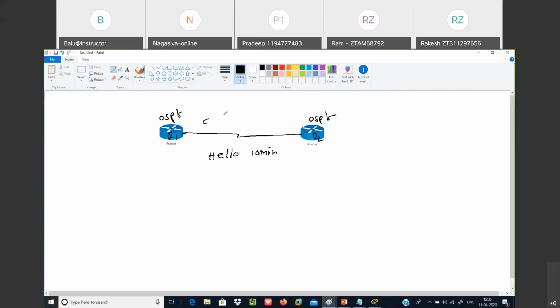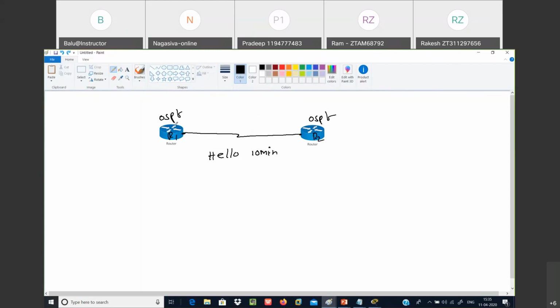Now R1, R2 hellos are exchanged. Now the hellos are matching. Now R1, R2 become what? Once the adjacency is formed, what will R1 and R2 do? Once the neighbor adjacency is formed, what is exchanged?